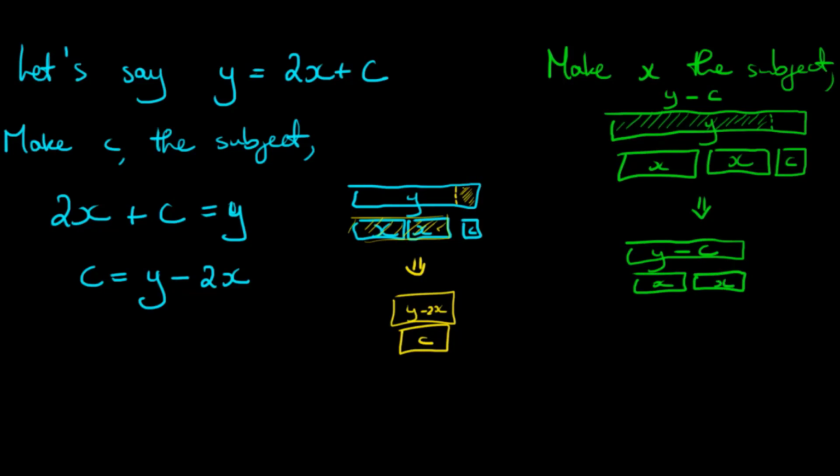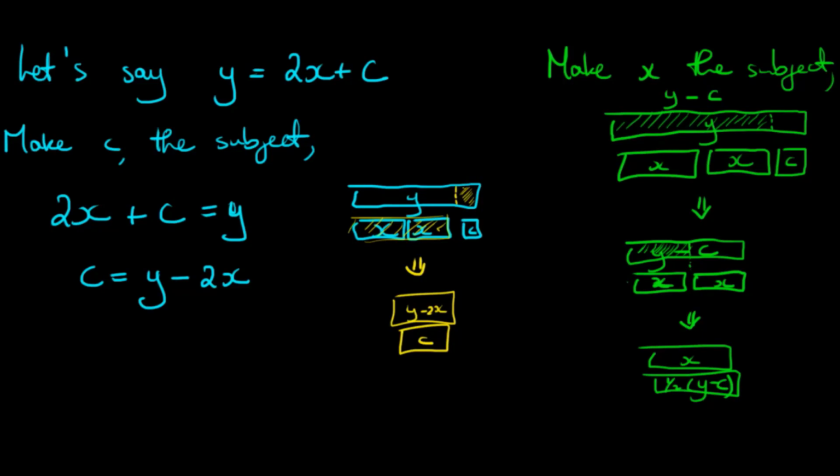And if that's true, that means if 2 of these x's is y minus c, then one of the x's must be a half of that. So it must be this little section, a half of y minus c. So we can use this to conclude that x is the same thing as a half of y minus c.